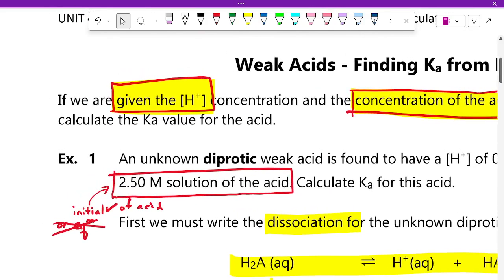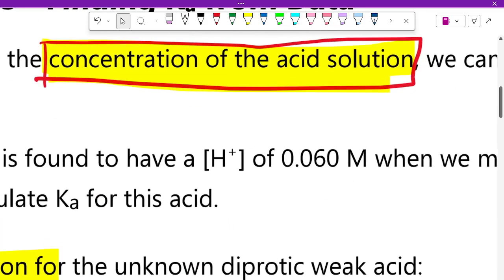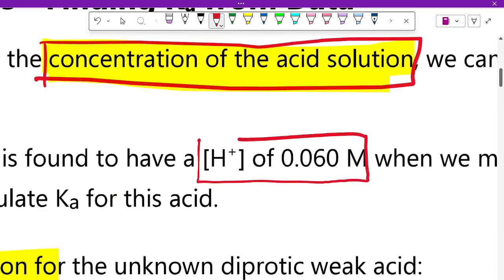This solution is found to have a hydrogen ion concentration of 0.060 molar. Is that the initial concentration of hydrogen or the equilibrium concentration?